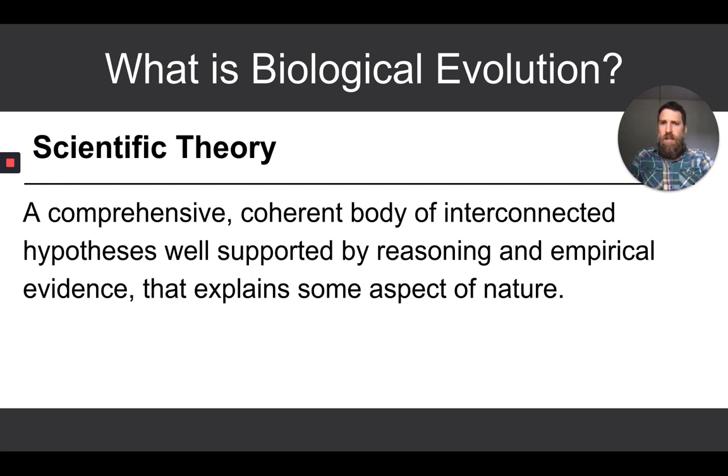So theory, in the scientific sense, is really a very well supported hypothesis or group of hypotheses that have lasted the test of time, that have accumulated a critical mass of supporting evidence, and it's become widely accepted.